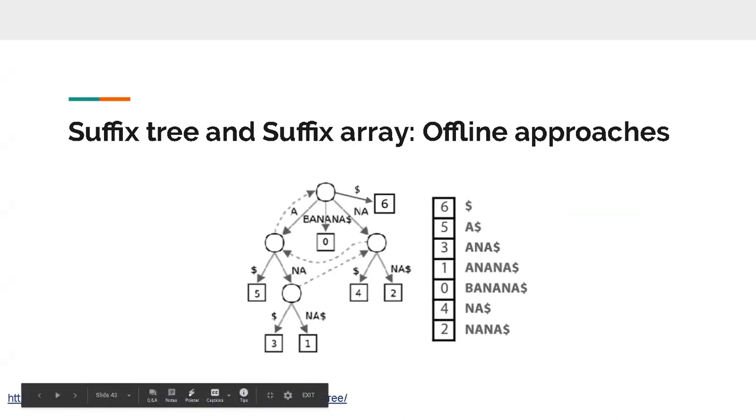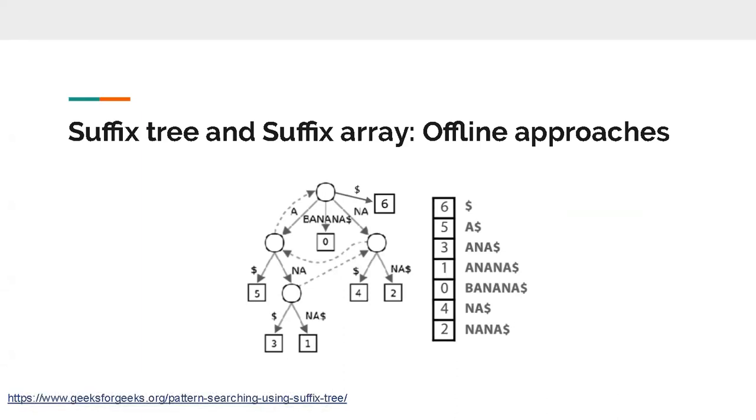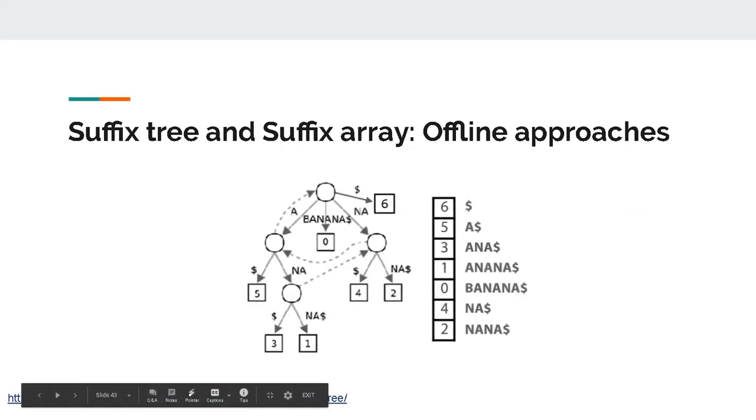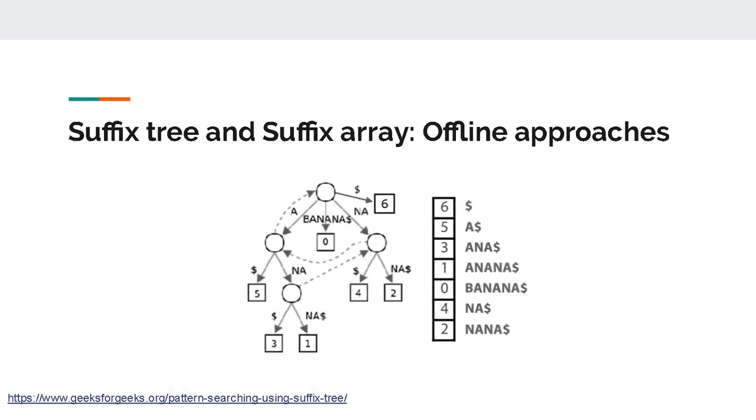You can remove this tree altogether, but you can just note down these suffixes and sort them in alphabetical order or lexicographical order, and you can also note down their indices along with them. So now imagine not storing this, but only storing this. So this is going to save you a large amount of space and time altogether.